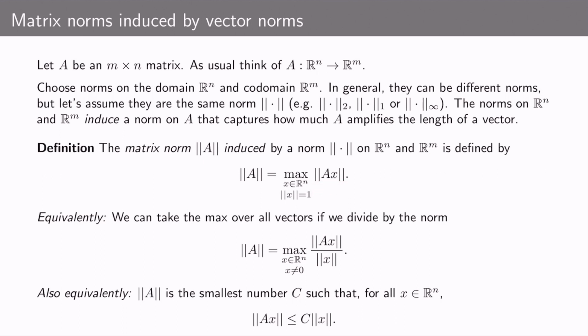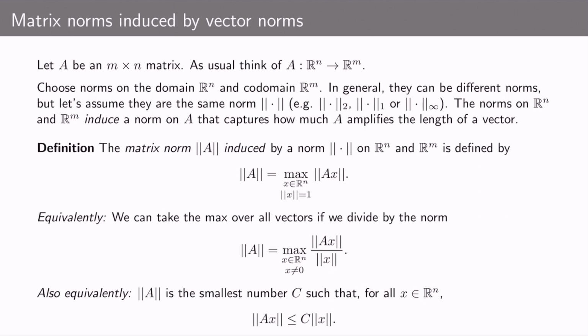So, in other words, I choose an x with norm 1 in Rn, I compute Ax, and then I compute the norm of Ax in Rm. That essentially tells me how much A amplifies that vector x with norm 1. I then take the maximum over all possible choices of x with norm x equals 1, and so that tells me the maximum amount that A can amplify a vector with norm 1.